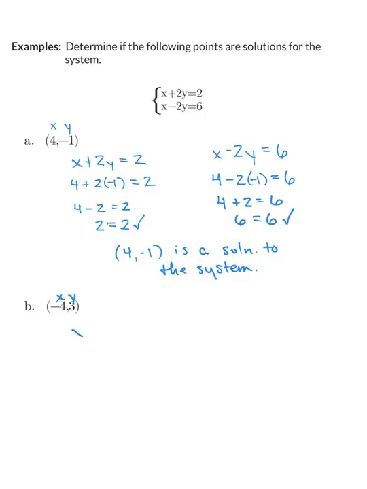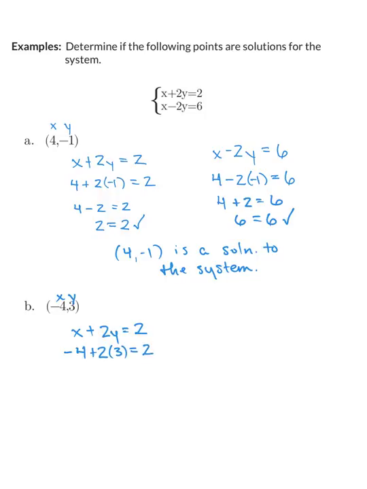So in my first equation, we have x plus 2y equals 2. I plug in -4 for x. I plug in 3 for y.